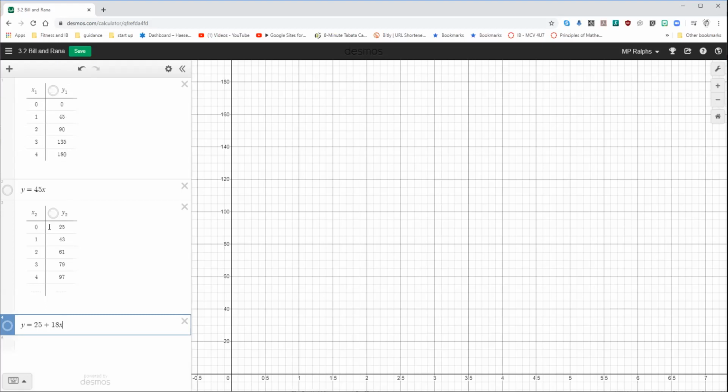Now when we go down here and look at Bill's table of value for his charges, again, the left-hand column is the number of hours worked. The right-hand column is the amount that he charges. So he was charging $25 plus $18 per hour. So the $25 would be what's called a flat fee, or maybe a service call fee or something like that, just to show up to the house if it's going to be a house call.